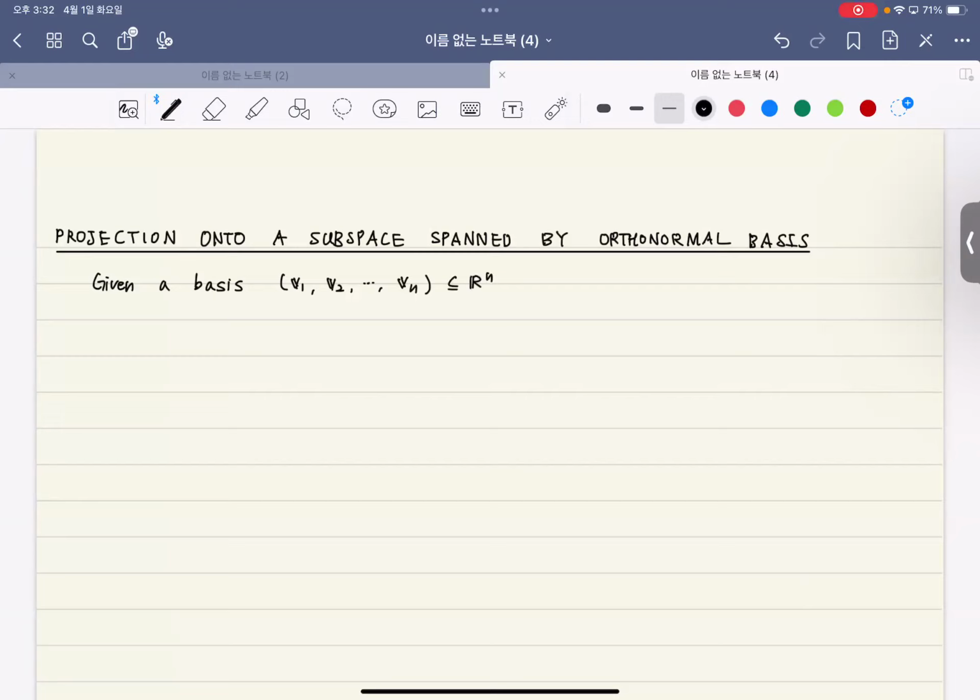Suppose I have random basis vectors V1 to Vn in Rn. Now choose any vector V, and because of our theorem, I must be able to write my vector V as a linear combination of V1 to Vn.